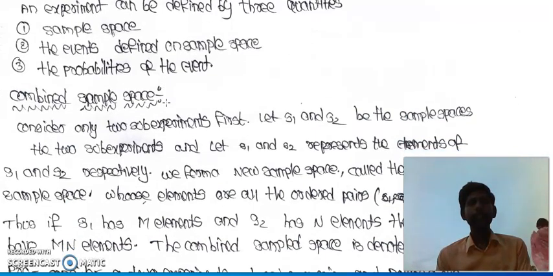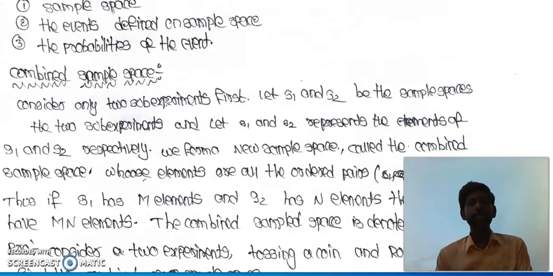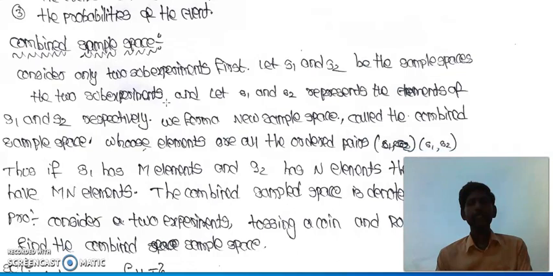Combined sample space. Consider only two sub-experiments first. Let S1, S2 be the sample spaces of the two sub-experiments. Let s1 and s2 represent the elements of S1 and S2 respectively. We form a new sample space called a combined sample space, whose elements are all ordered pairs (s1, s2).